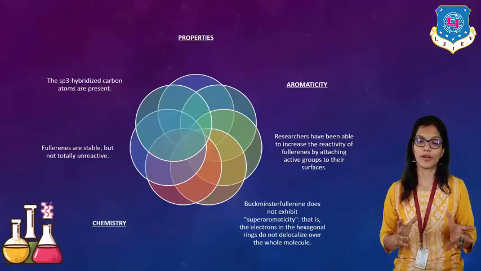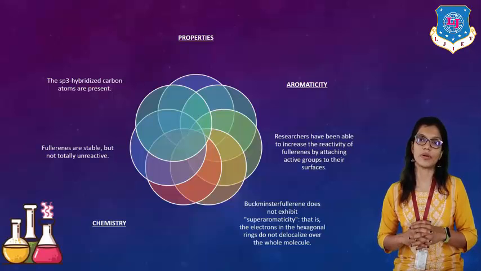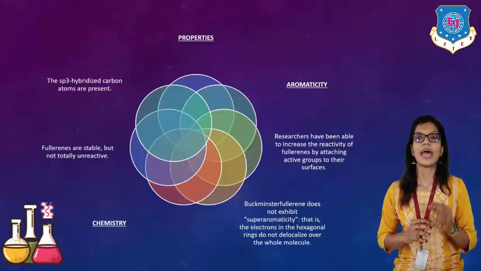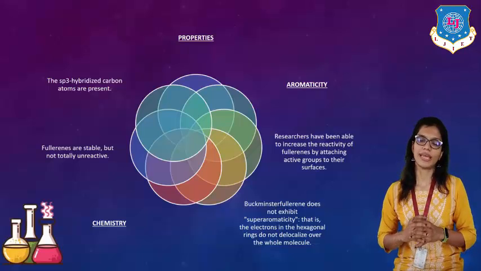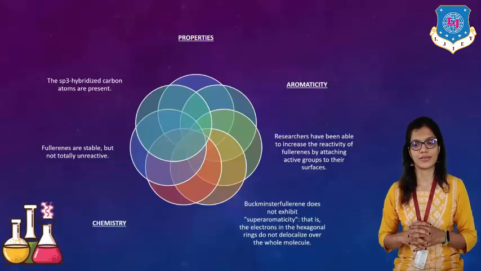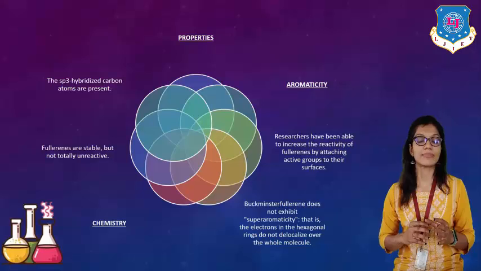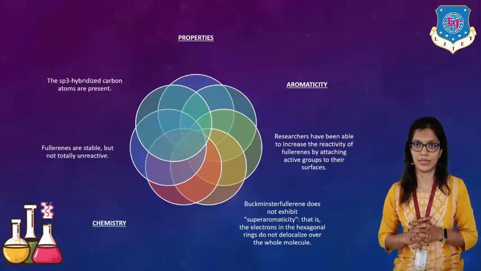Next are their properties. The first property that comes to our mind is aromaticity. Okay, researchers have been able to increase the reactivity of the fullerenes by attaching active groups to their surfaces, and it is possible. Now, Buckminsterfullerene does not exhibit superaromaticity.